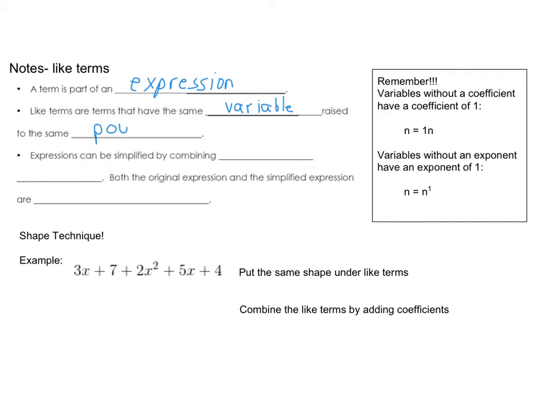And we're talking about exponents here, okay? Expressions can be simplified by combining like terms. In the simplified form, both the original expression and the simplified expression are equivalent.